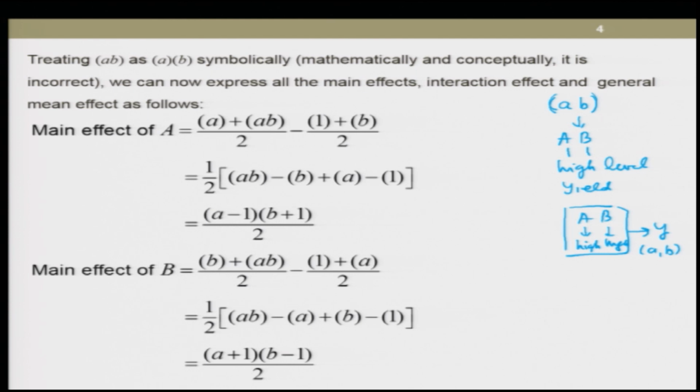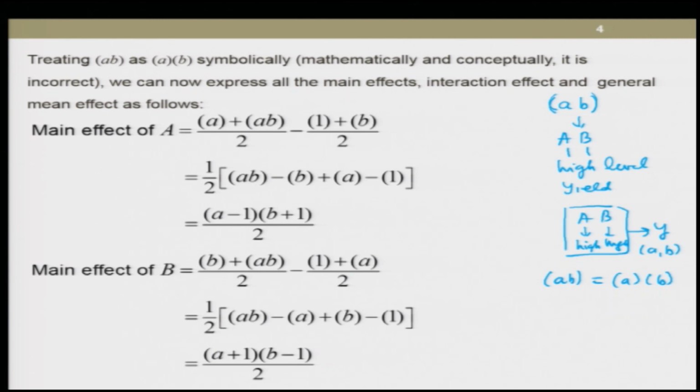But now I am simply going to use a wrong mathematical concept, just for the sake of understanding, and write AB as A into B. Again, this is not mathematically or statistically correct; it is only a symbol, only a notation, and this type of symbolic representation will make various expressions in the factorial experiment easy to understand.